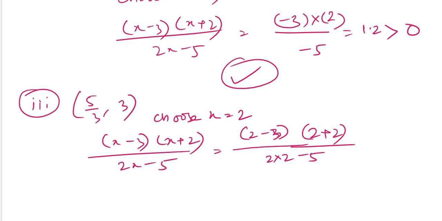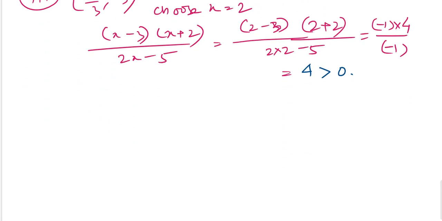So minus 1 into 4 divided by minus 1, the answer is 4, which is greater than 0. So this interval satisfies the condition. And the fourth is the interval 3 comma infinity.